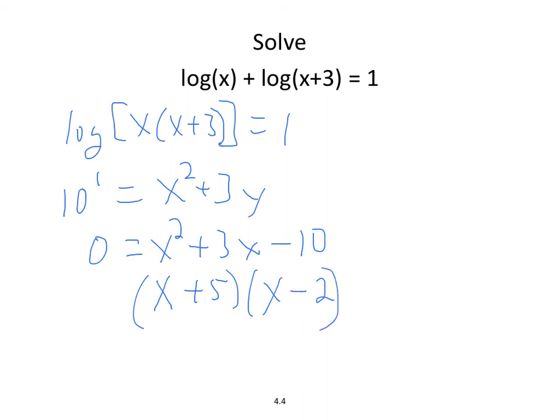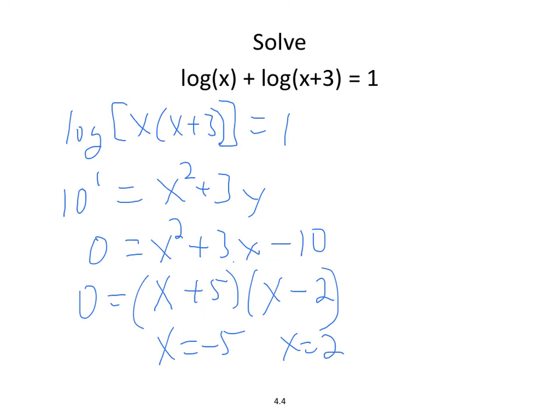So let's see, in order to get a positive 3 in the middle, I need to have 5 minus 2, and that checks. Okay, so then we know these are both equal to 0. So if it's x plus 5, when is that equal to 0? When x equals negative 5. And the other one is when x equals positive 2.